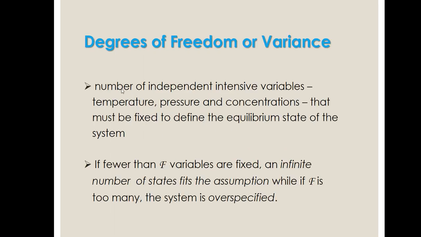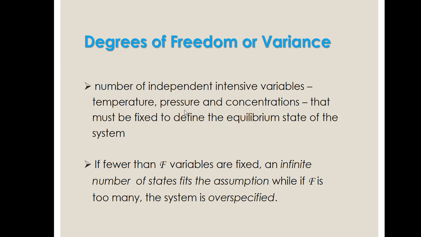Now, we are defining here the degrees of freedom. So, the number of independent intensive variables, examples of which are temperature, pressure, and concentration, that must be fixed to define the equilibrium state of the system. So, meaning, I need to fix 2. If my answer in the previous equation is 2, I need to fix 2.